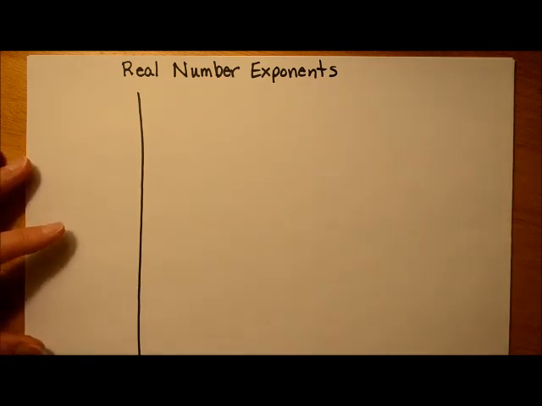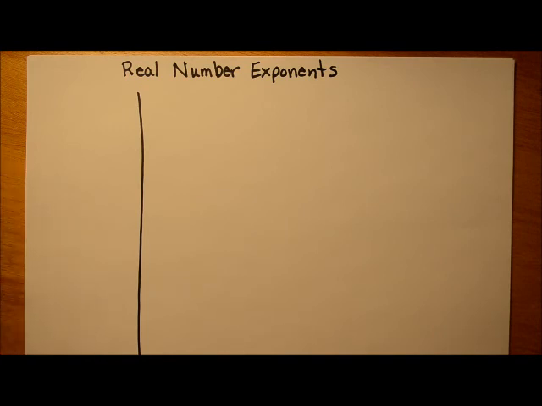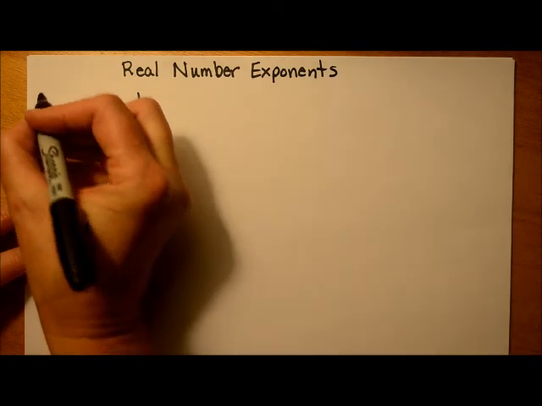Real number exponents. Real number exponents include rational exponents, which we just did, and irrational exponents.